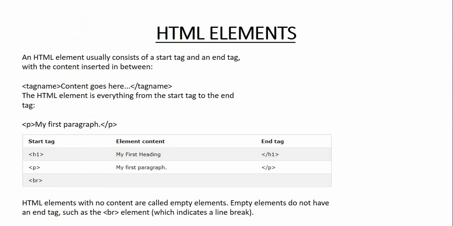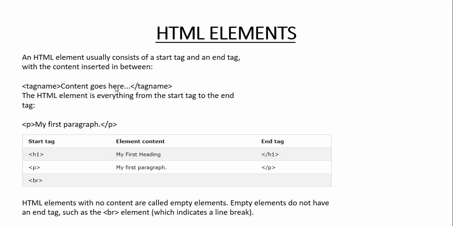So moving on to the new topic, which is the HTML element. Basically, an element is usually whatever consists between the start tag and the end tag. As you can see here, there's an opening tag name and a closing tag name, and the element is this.